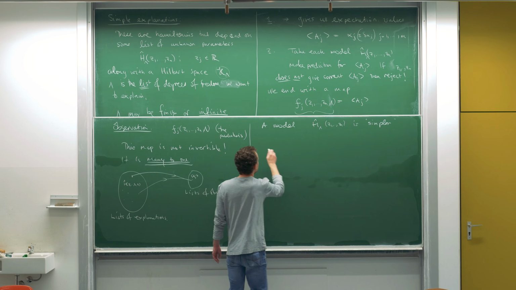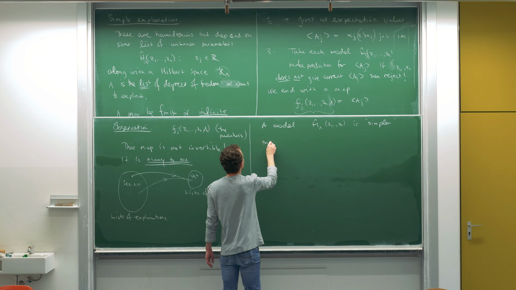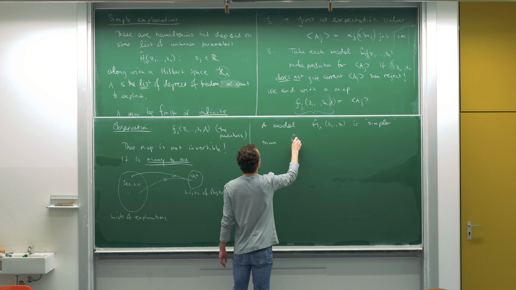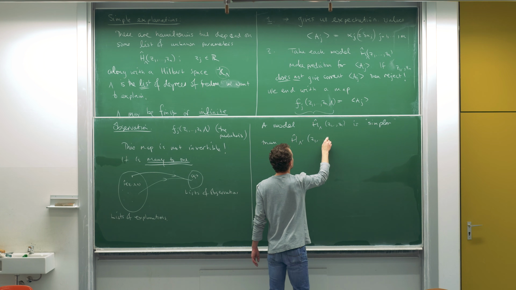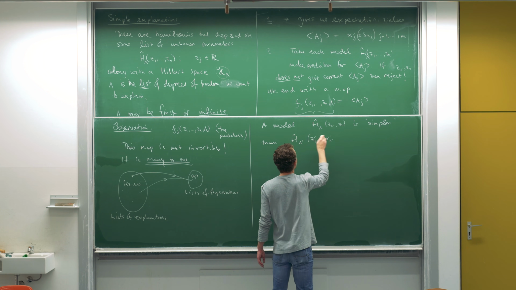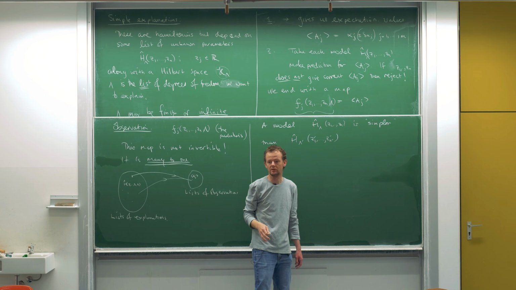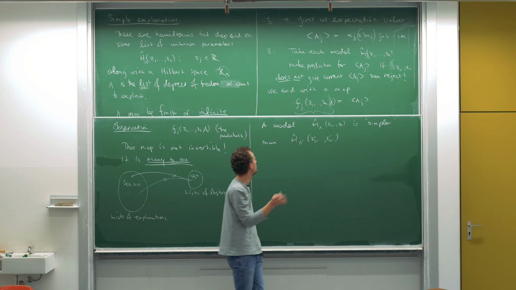So a model here is simpler than another model with primes everywhere. So n prime can be bigger, smaller, whatever.